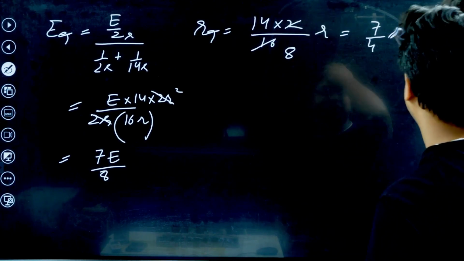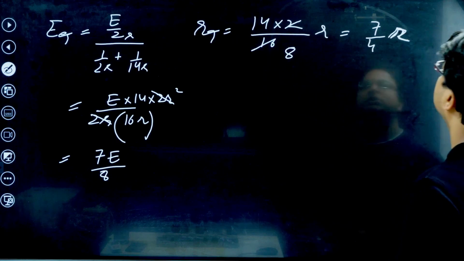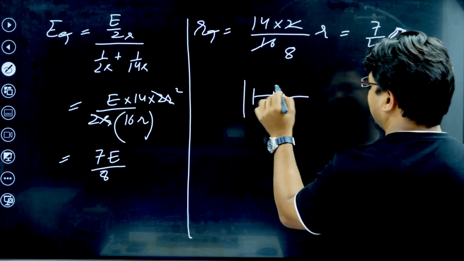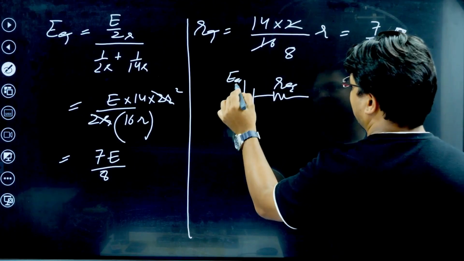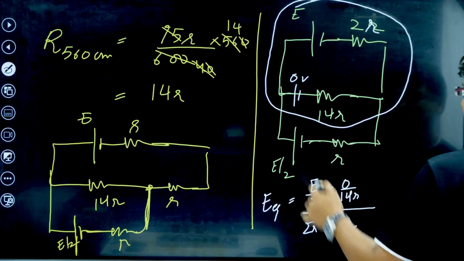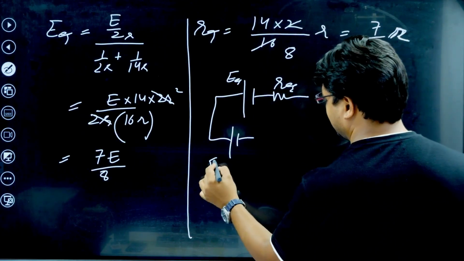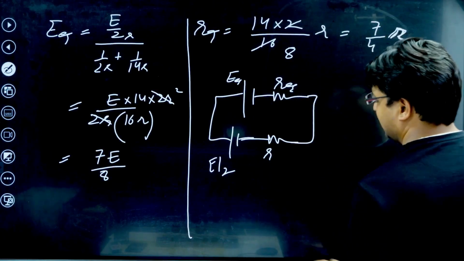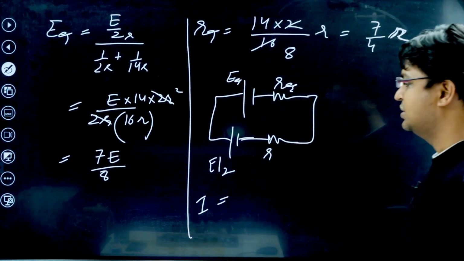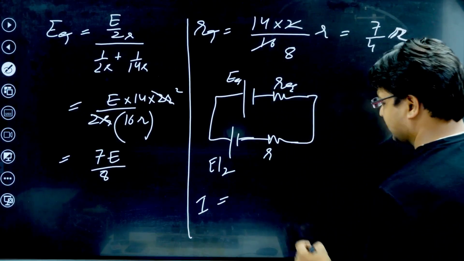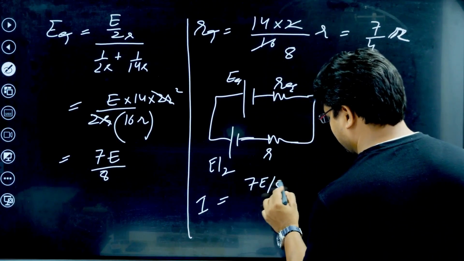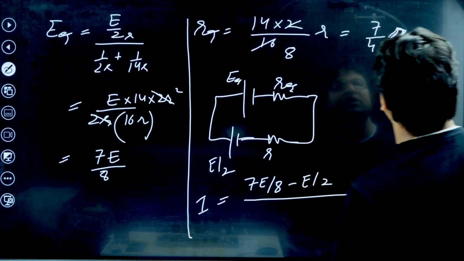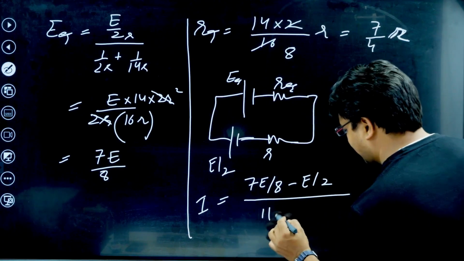I hope I'm doing it right. So that's it. Now we have one equivalent battery and one equivalent resistance, connected with this branch, which is E by 2 and R. So the current would be 7E by 8 minus E by 2, divided by the total resistance, R equivalent plus R. So that will become 7 plus 4, 11R by 4.